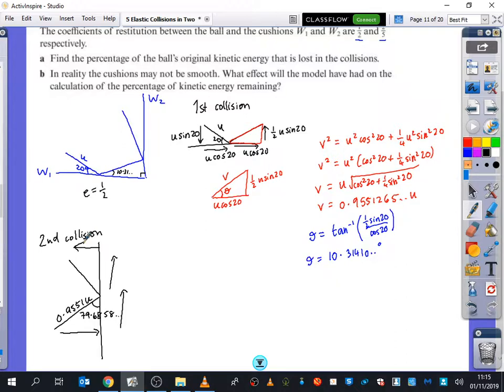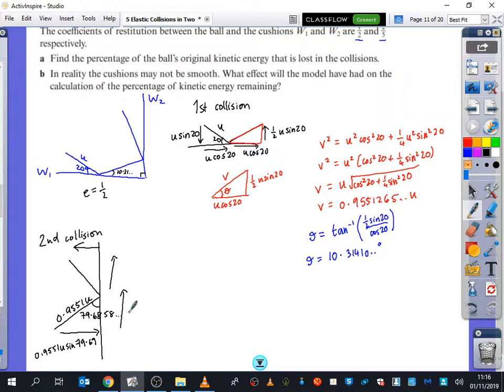This is where things start getting a bit messy because there's quite a lot of numbers that need to be written on here. What's this one going to be along here? The sine or the cos? It's the sine. So it's 0.9551 u sine of, I'm just going to put it as 79.69 for now, that's probably enough.